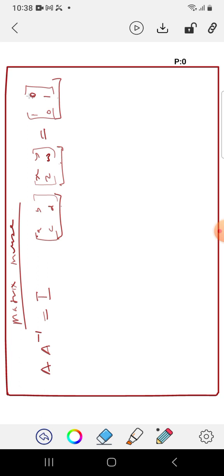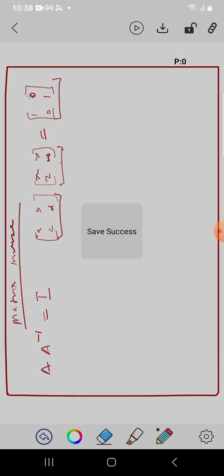All right, so I think it's best for me to demonstrate this using a 3 by 3 matrix. Then we'll talk about the steps. The steps are a little bit long, but we can talk about it. Let me clear this page so that I can start the steps. So step one, inverse of a matrix.